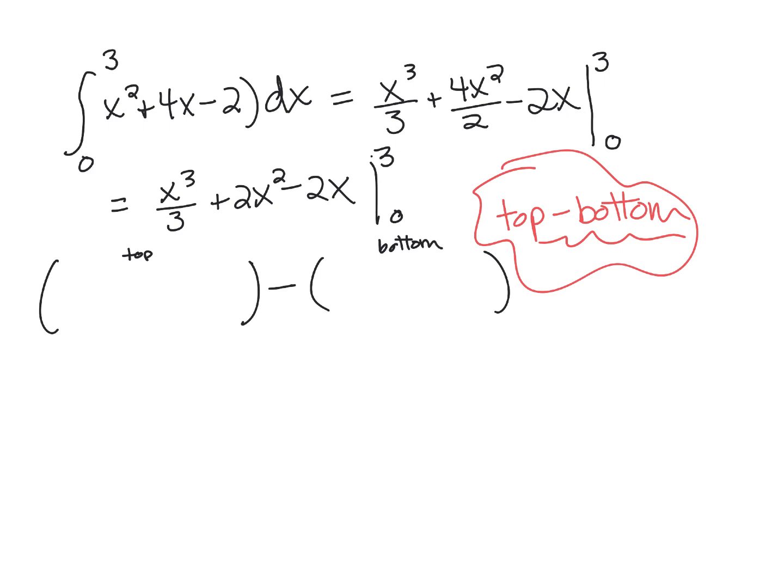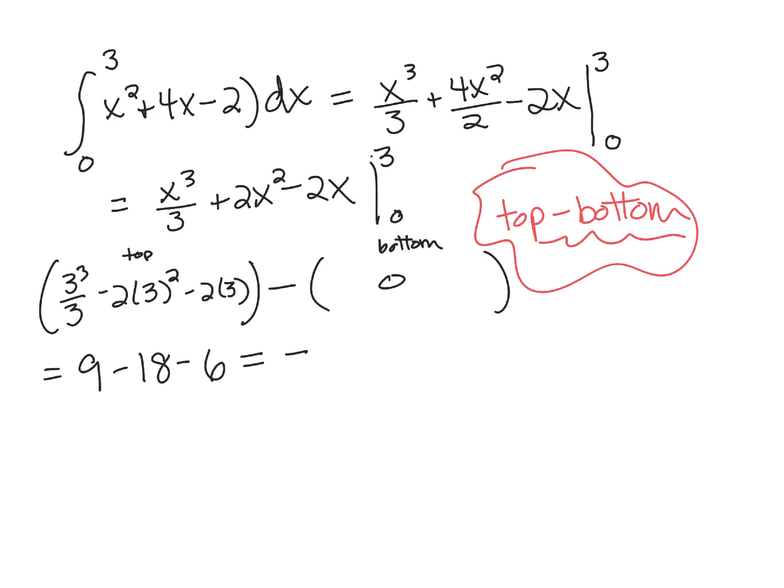So take 3, plug it in. I got 3 cubed over 3 minus 2 times 3 squared minus 2 times 3. Then when I plug in the 0, I get 0. I love zeros. They're easy. So first term is a 9 minus 2 times 9 is 18 minus 2 times 3 is 6, and that is minus 15.